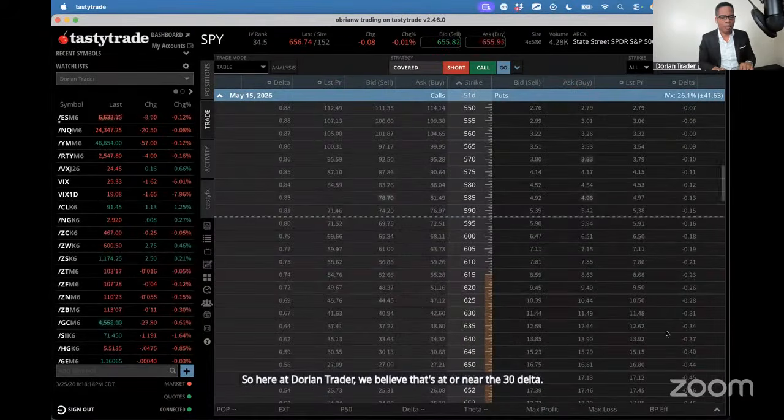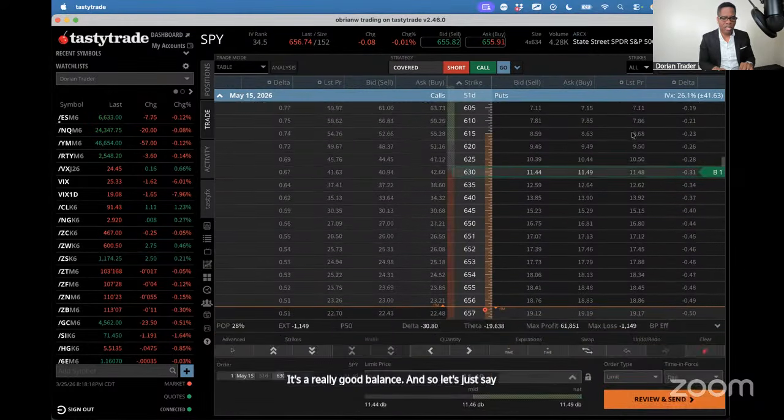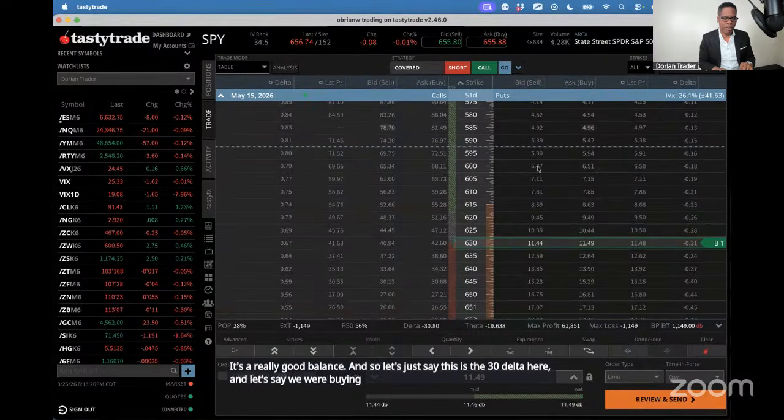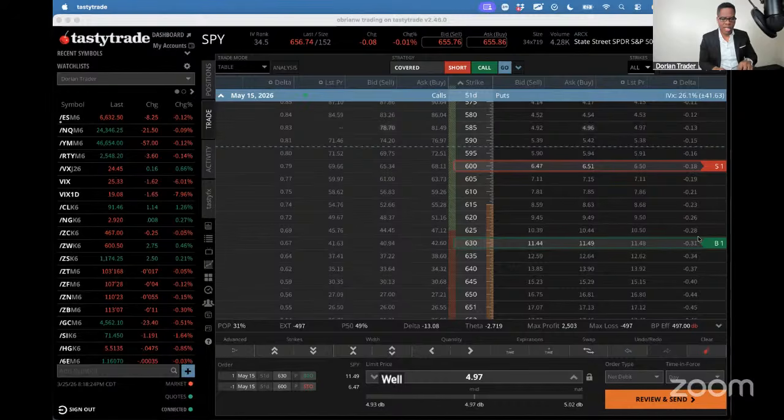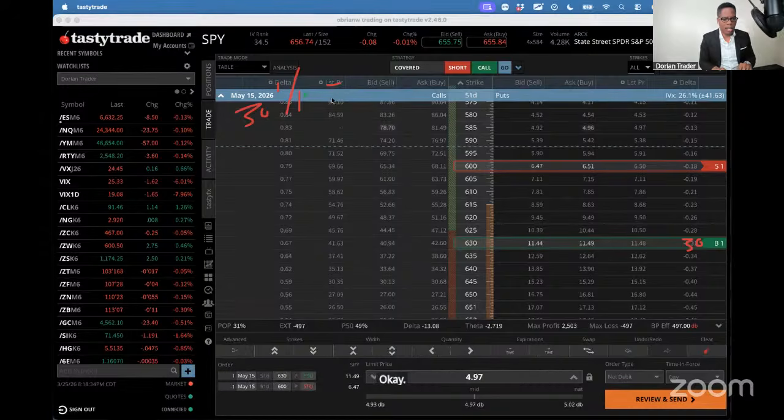It's a really good balance. So let's just say this is the 30 delta here, and let's say we were buying a put spread here to hedge. Well, if this was a 30 delta, then what it means is that 30% of the time it's going to expire worthless, out of the money.